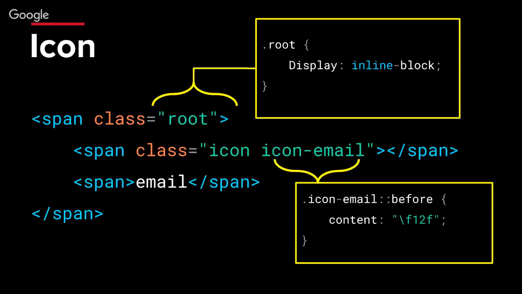So this is an example of an accessible icon font pattern in HTML. What you see here are two sibling span elements wrapped inside another span. The first span uses a CSS class that leverages the before pseudo element and the content property to display our custom icon font.